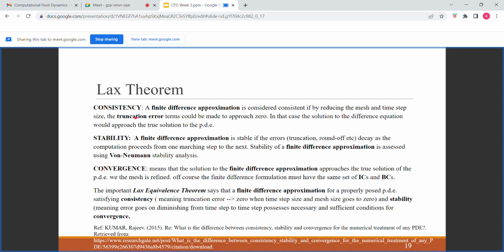So when consistency and stability are met, the convergence criterion is also met. Convergence means the finite difference approximation's solution approaches the true solution of the partial differential equation. So we'll see problems associated with the Lax theorem, stability and convergence in the next few problems.